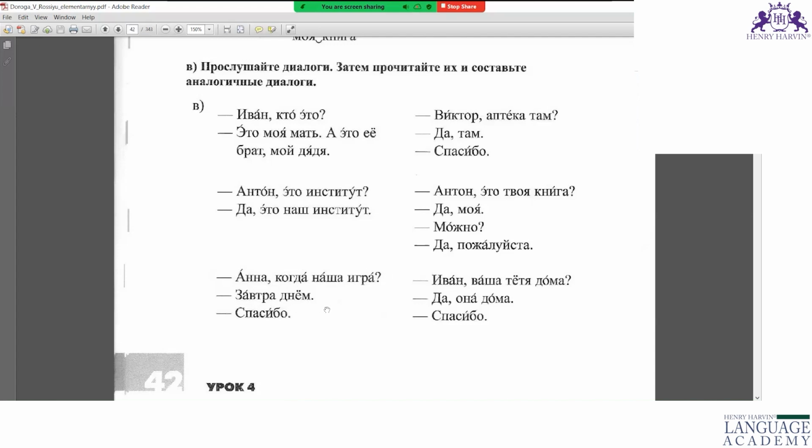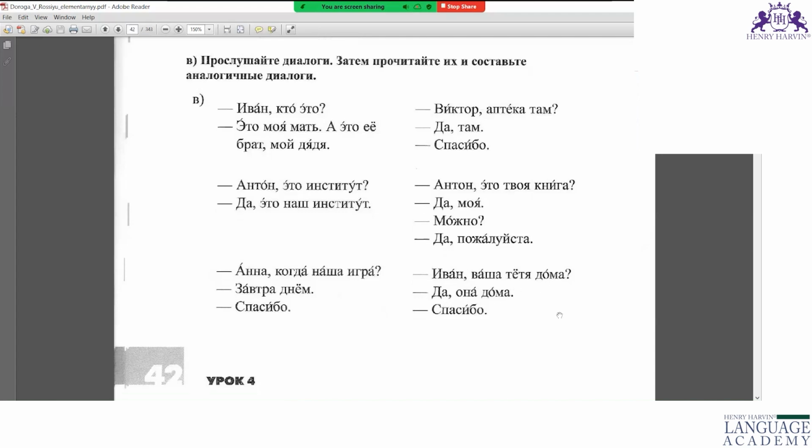Завтра днем. Tomorrow in the afternoon. Виктор, аптека там? Да, там. Антон, это твоя книга? Да, моя. Можно? May I take this book? Да, пожалуйста. Yes, please. Иван, ваша тетя дома? Is your aunt at home? Да, она дома.